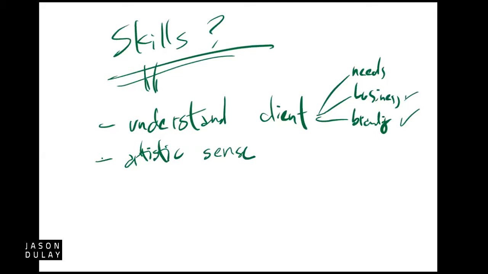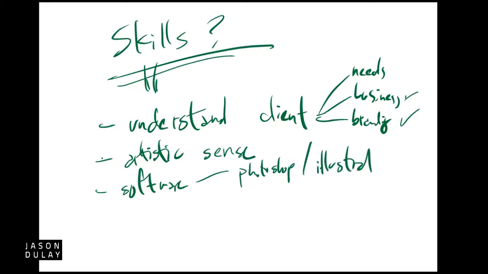Okay. Some other skills: you need to know some software. You need to know things like Adobe Photoshop and Adobe Illustrator. These are the top two tools that every graphic designer must know. Maybe if you're a virtual assistant who's doing a little bit of graphic design, you can use something like Canva.